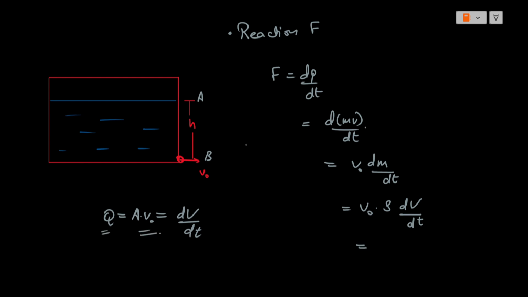Let us assume the area at this point to be small a. So we have v0 squared rho times a, which is hence the normal reaction or the force experienced by the container whenever a liquid of density rho is exiting from an orifice of cross-sectional area small a with a velocity v0, right?